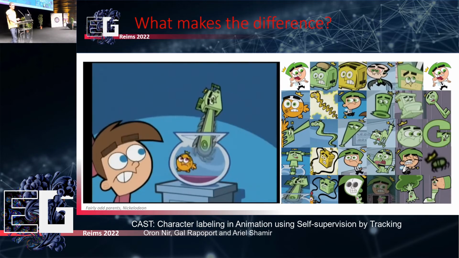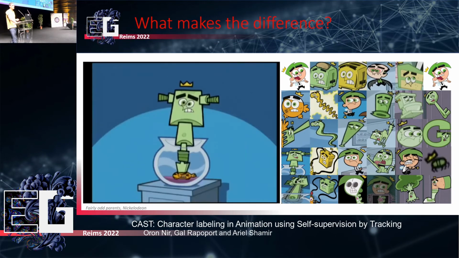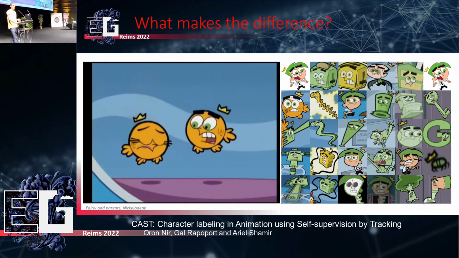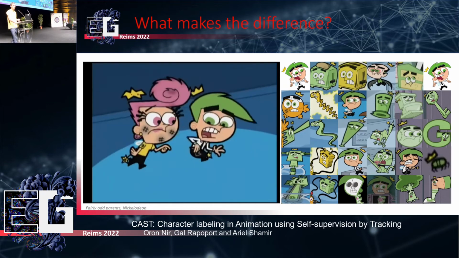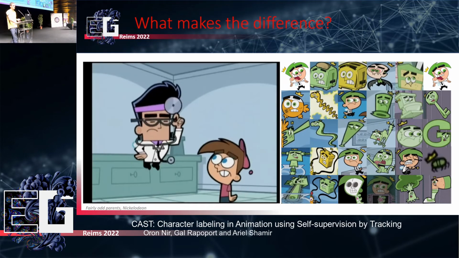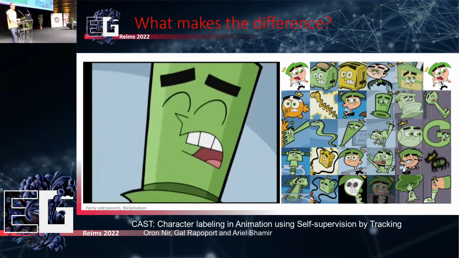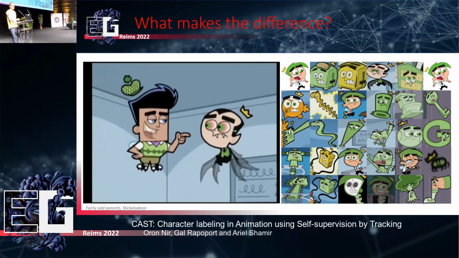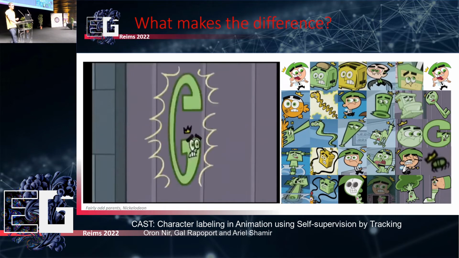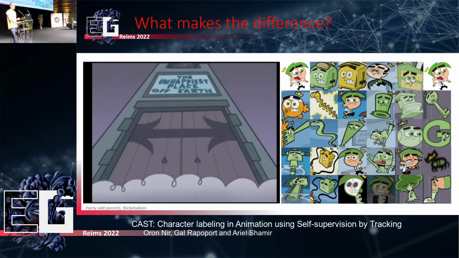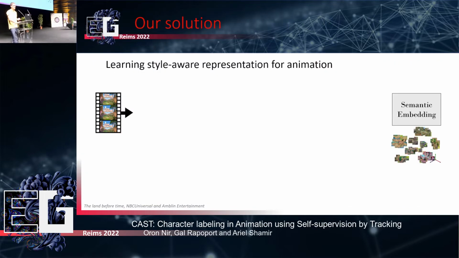In the following video, Cosmo changes about 30 shapes in just a matter of seconds, from a fish into a jackhammer, and so on. So we're looking for a method to represent characters while a character could wear any shape, like in this ridiculous example.